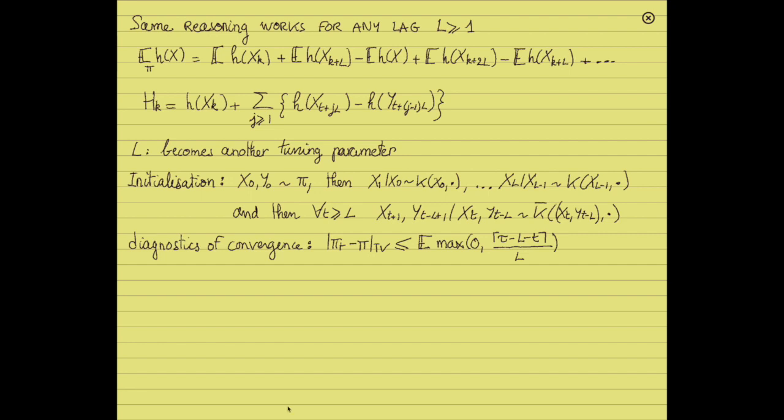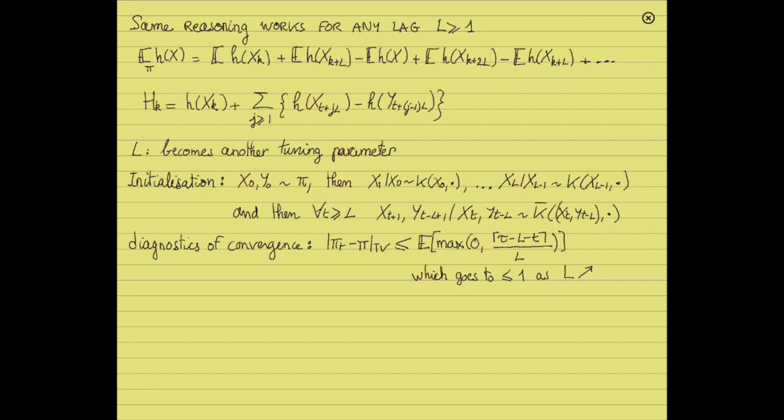And one thing that is appealing in this expression compared to when we had a lag of 1 is that as the lag increases, the upper bound here goes to something at most 1, which is appealing because the TV on the left is always between 0 and 1.